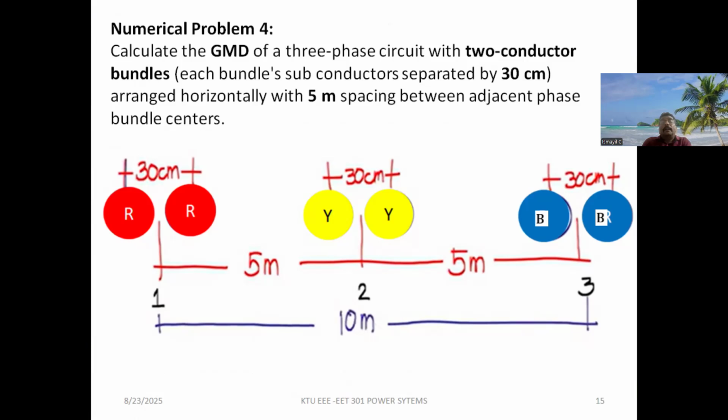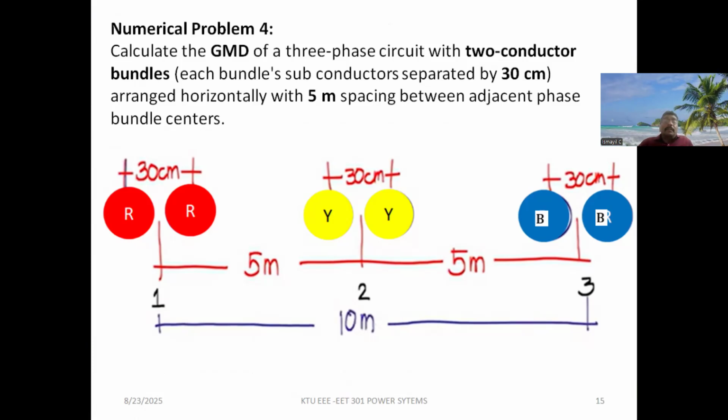Here in bundled conductors, as I told earlier, a minimum of 2 conductors will be there, then only it will be a bundled structure. So here we are using two subconductor bundled conductors. So for one phase, two such conductors are required.